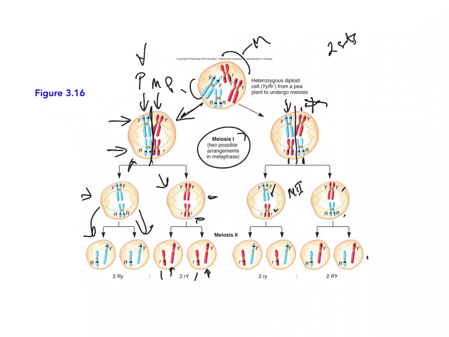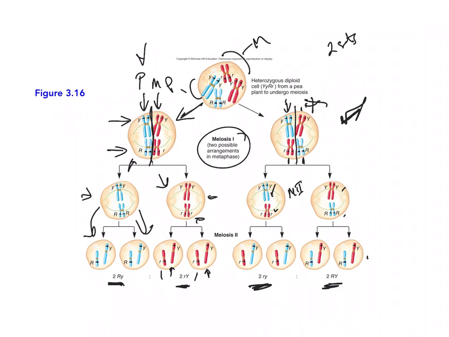Here we've got all the dominant alleles in two gametes. We've got a little r and a big Y, a recessive and a dominant allele, in the two gametes. At the end of this meiosis 2, after starting here, we're going to get two recessive alleles in two gametes and two dominant alleles in the other two gametes.